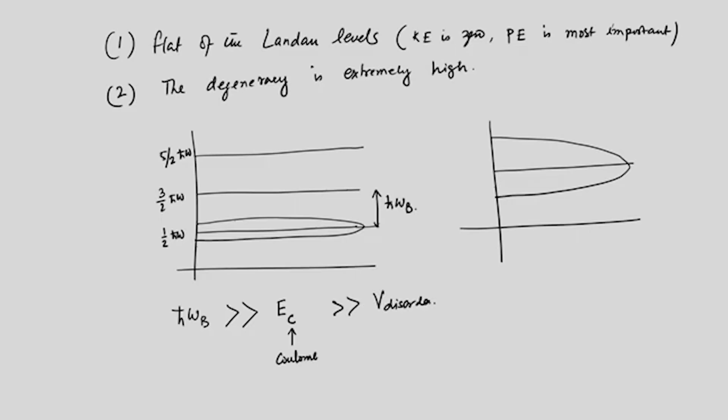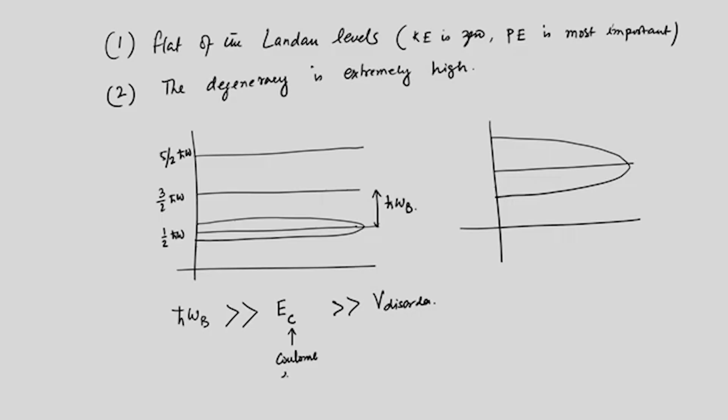In fact, we were mostly talking about the broadening of the Landau levels induced by the disorder, but now, since the Coulomb interaction plays a central role, let us consider that the disorder-induced broadening is small, and the broadening is mostly coming from the Coulomb interactions.